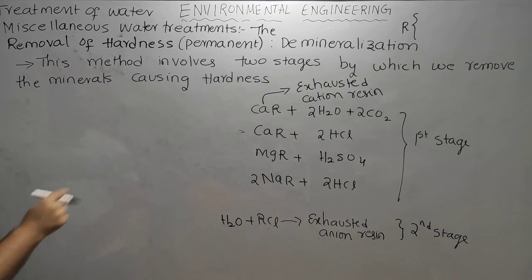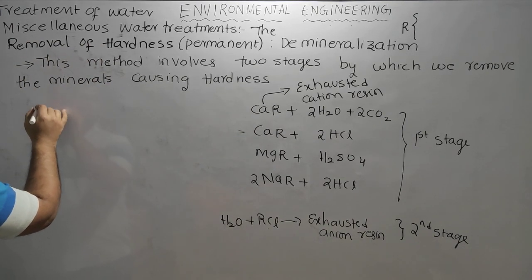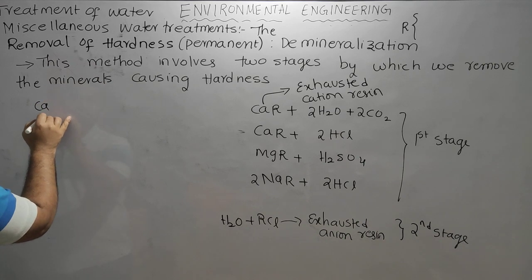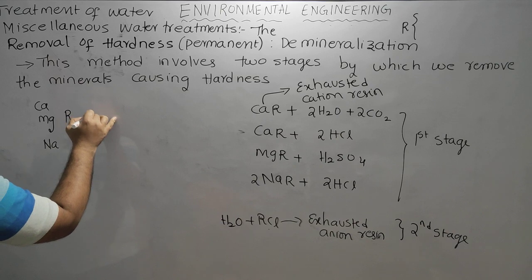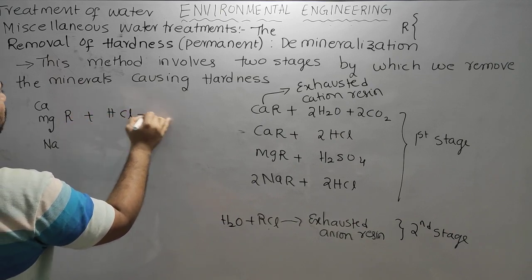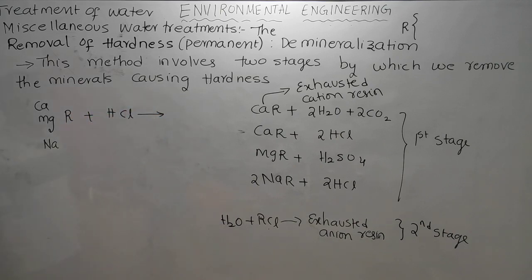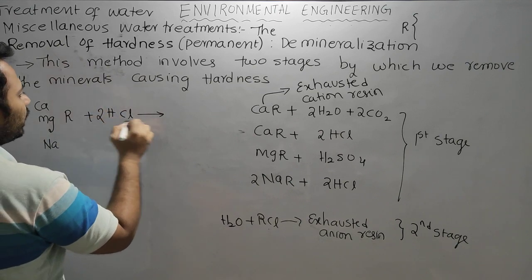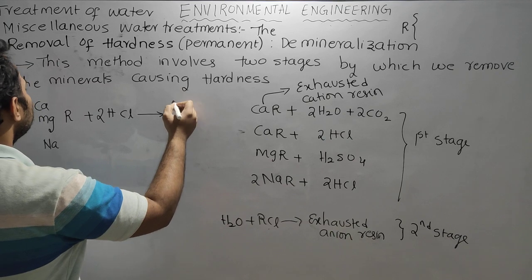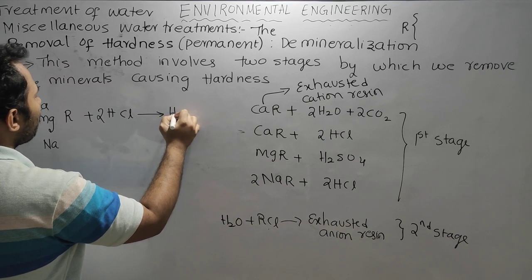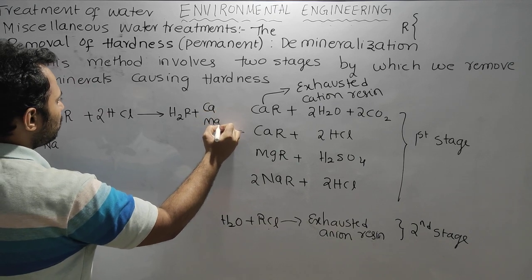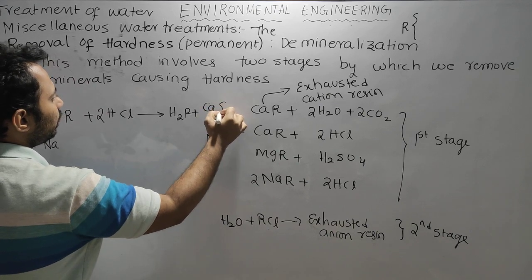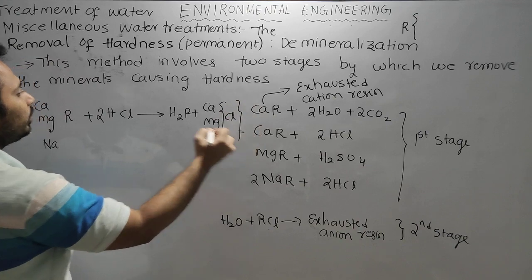So the exhausted cation resins, Ca, Mg and sodium, plus HCl. Then it will be regenerated like this: H2R and Ca, Mg, Na, Cl2.